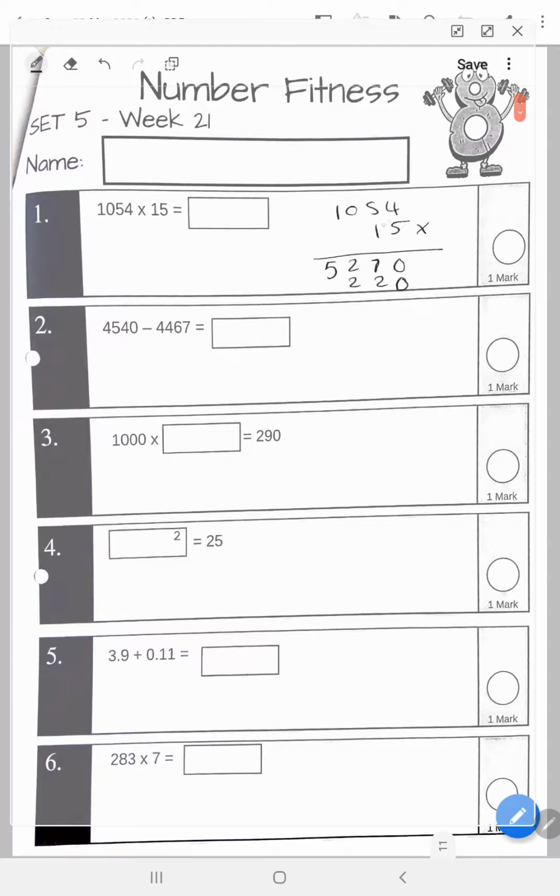So 4 5 0 1. We add them all together. We've got 0, 1 1 7 8 and 1 5. So we have 15,810.